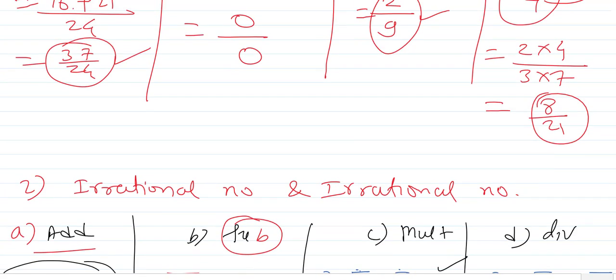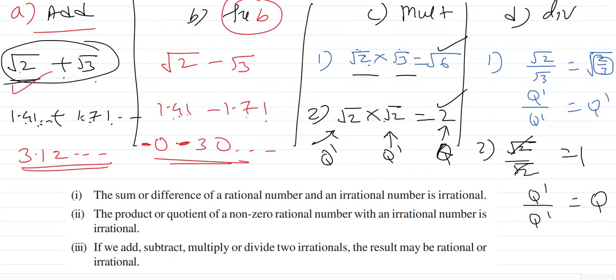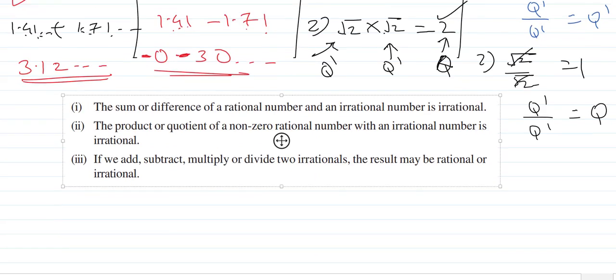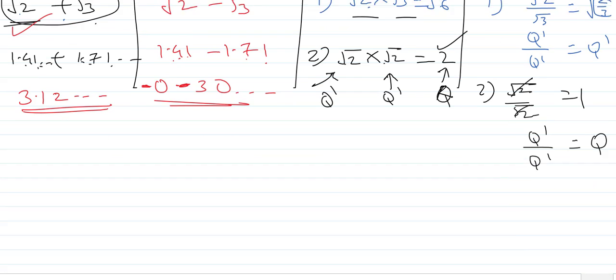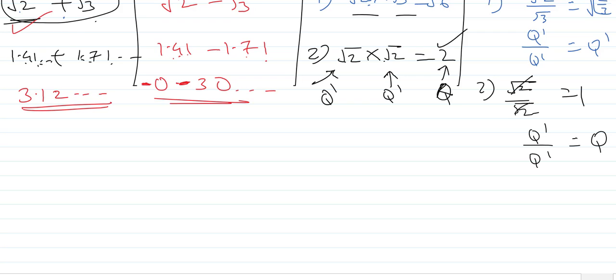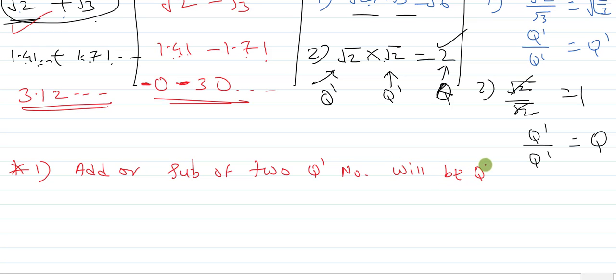Getting it? So to conclude this, let me take it downside. So to conclude this, what we can write? Some points. 1. Addition or subtraction of two irrational numbers will be irrational.